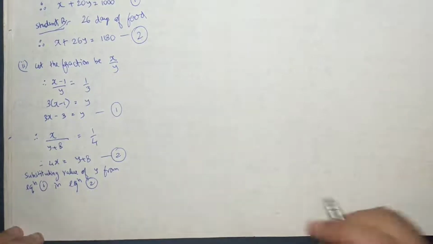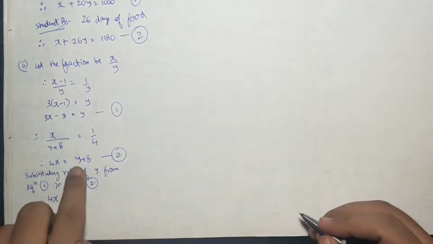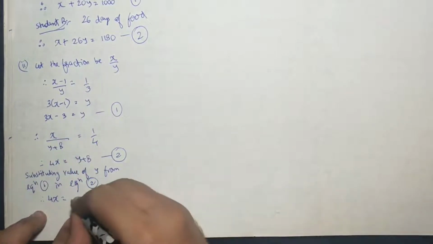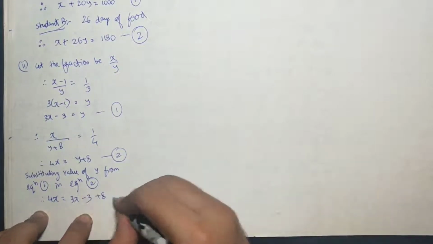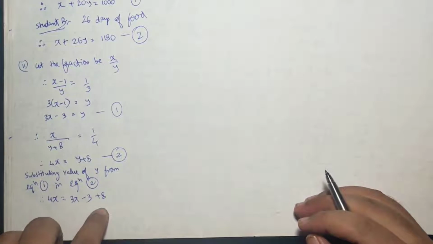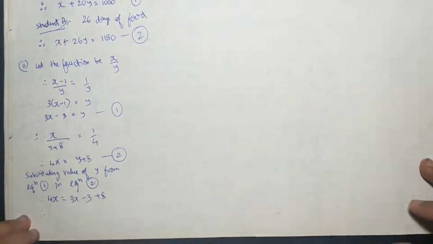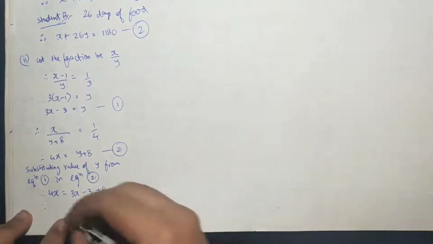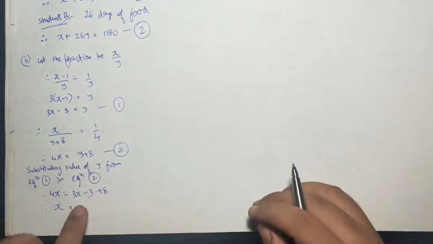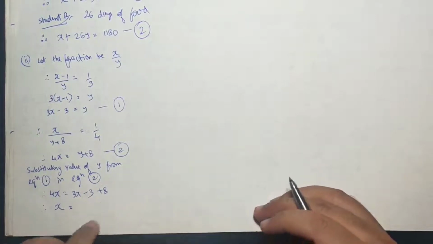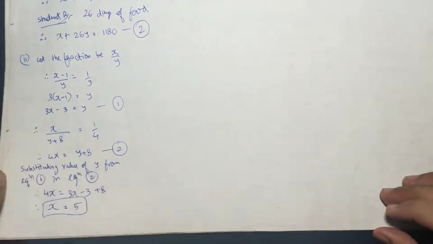So we will get 4x equals to, in place of y we have to write 3x minus 3, and there was plus 8 in the second equation itself. This 3x will go on the left hand side. So 4x minus 3x will remain x, minus 3 plus 8 on the right hand side, that is 5. So you got the value of x as 5.